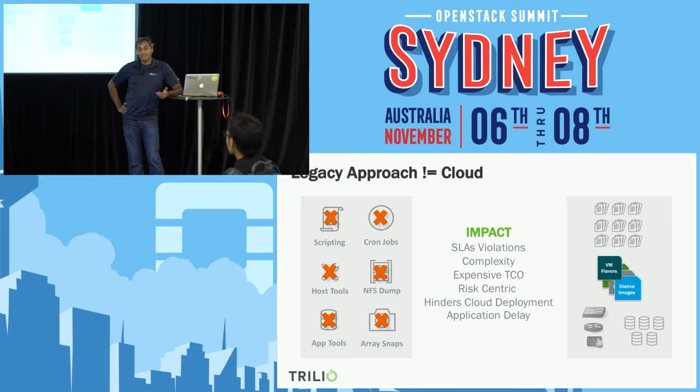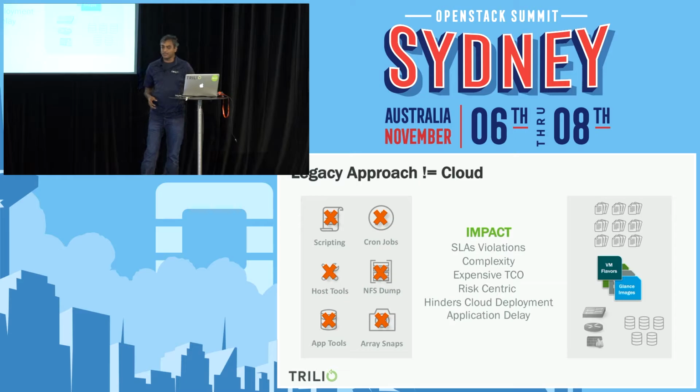Then when they looked at TrilioData, they asked the same question: how many backup administrators do you need to manage your solution? And my question is, why do you need a backup administrator? It should be part of your cloud itself. The service has to be part of your cloud, and you don't need any backup administrator. So it came as a surprise to them how much simpler our solution is for the OpenStack cloud.